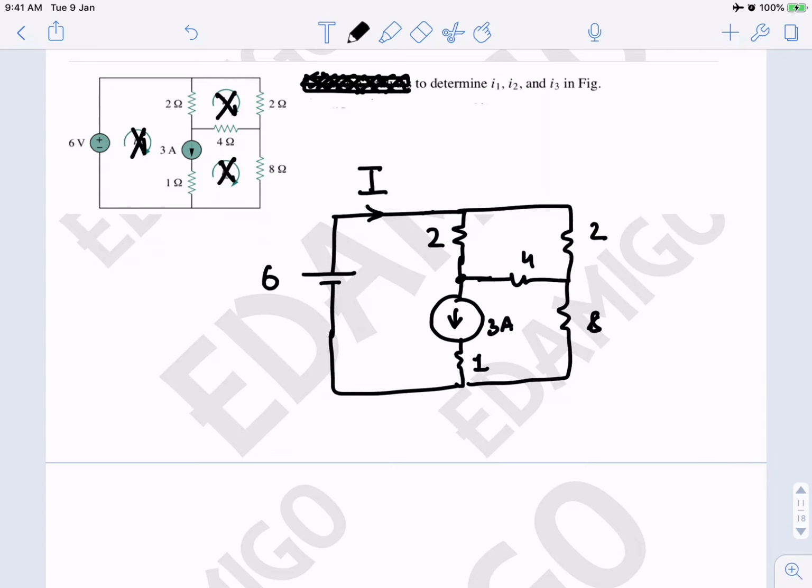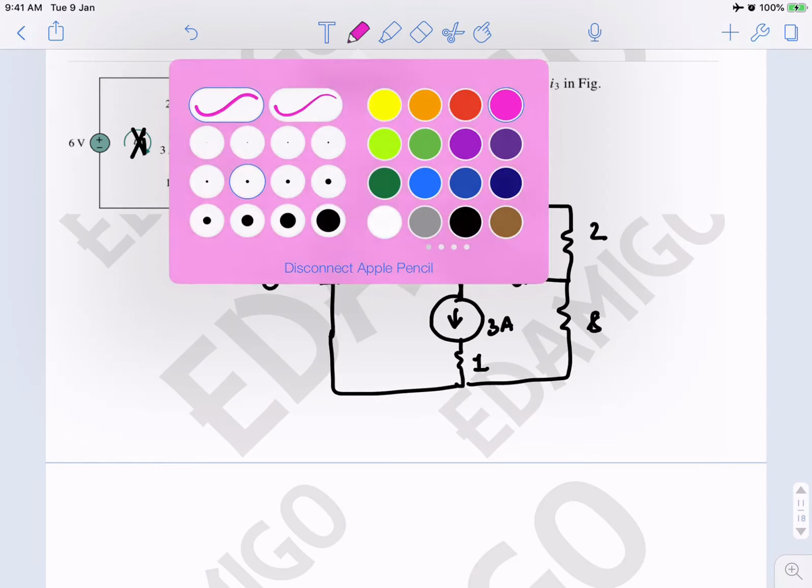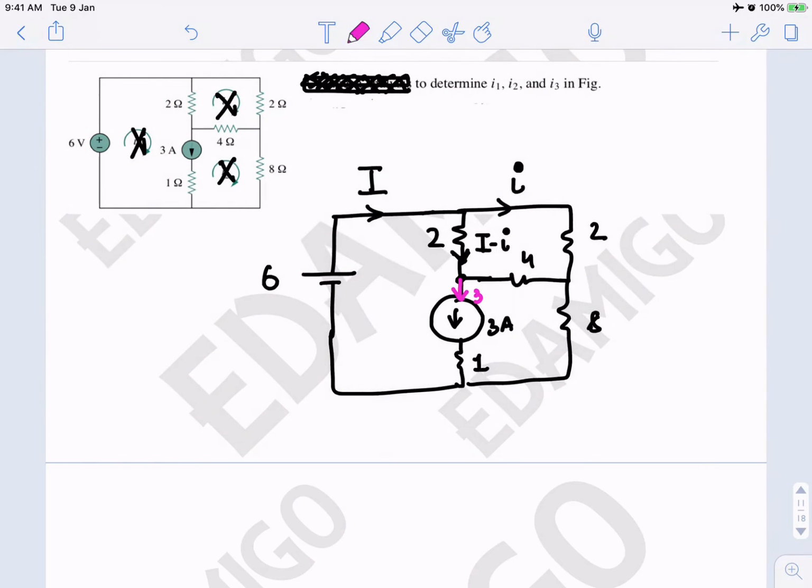That is, capital I current is flowing from the battery. Let us say small I current is going in this direction. So here the current will be capital I minus small I. Now since 3 ampere current is going in this direction, 3 ampere current is going here.